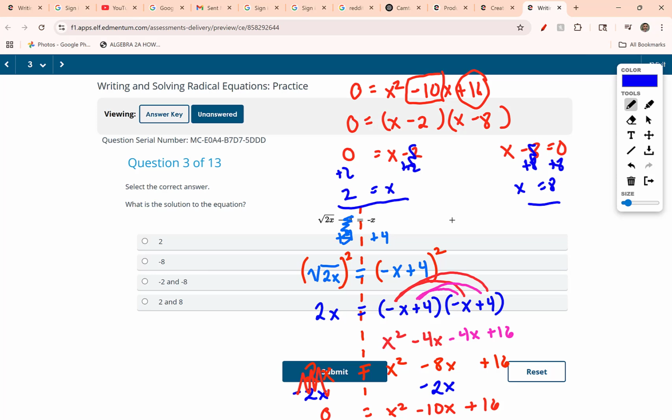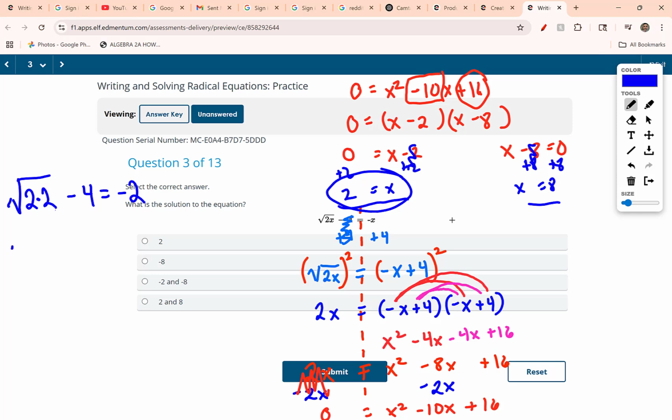To do that, I'm going to rewrite the original problem, which was the square root of 2x minus 4 equals negative x. And I'm first going to replace the x with one of my solutions. Let's just start with this one here. So I'm going to replace x with 2 in both places.